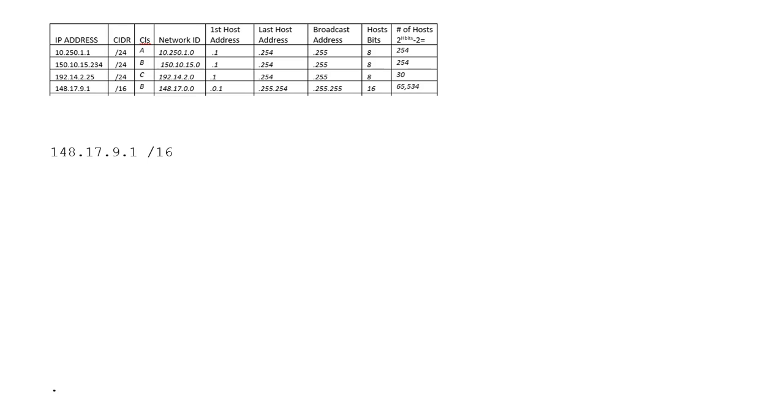You'll notice that rather than a /24 now, we're doing a /16. And if we look at the subnet mask in a dotted decimal format, that's going to be 255.255.0.0. Okay? And let's line that up above.